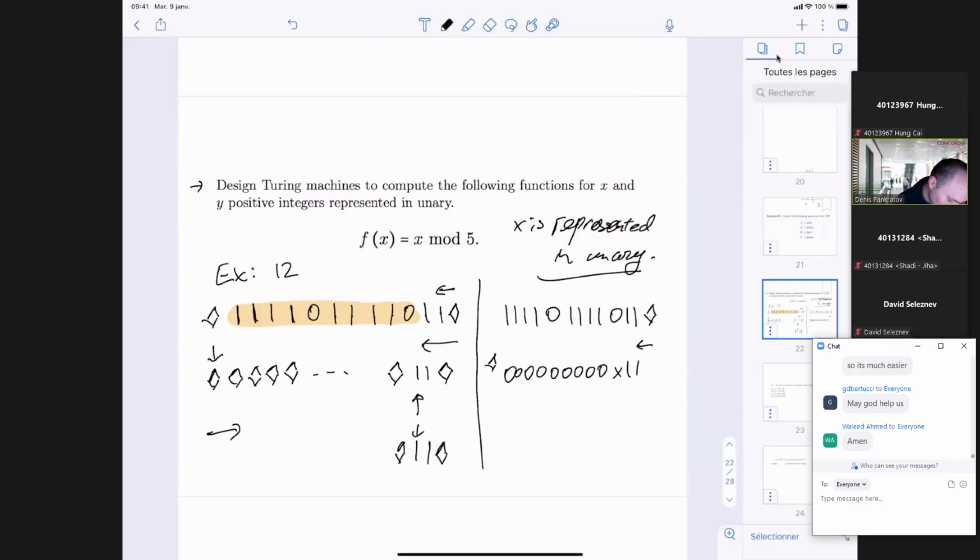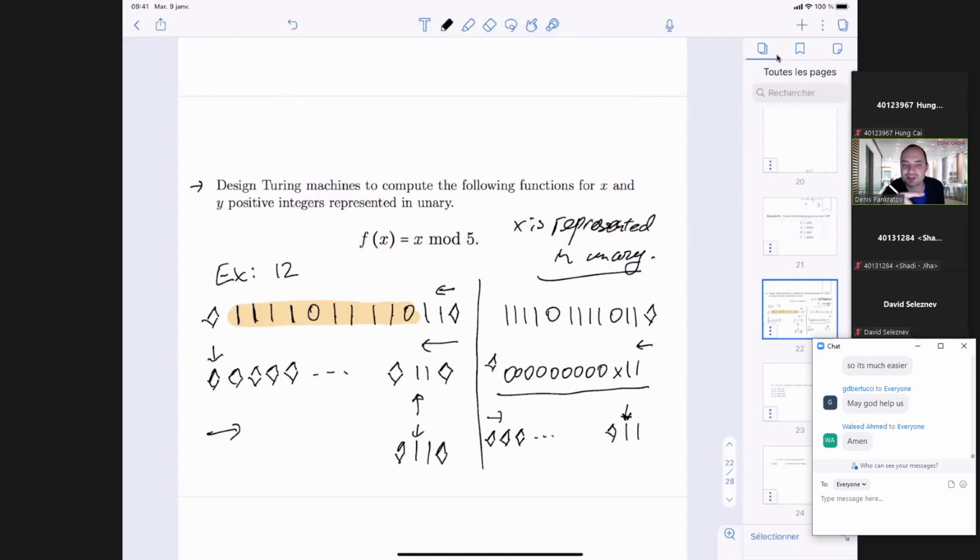We hit a blank, and this is the intermediate state of our computation. And at this point, we start going to the right, replacing every 0 we see with a blank. And when we see an X, we know that this is time for us to terminate because we're pointing to the output of the Turing machine.